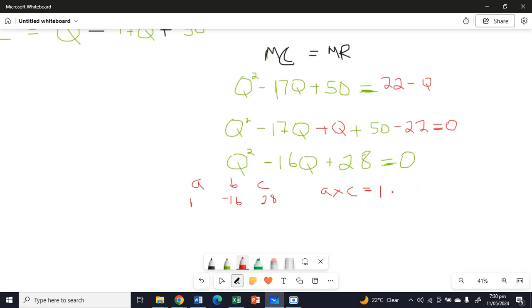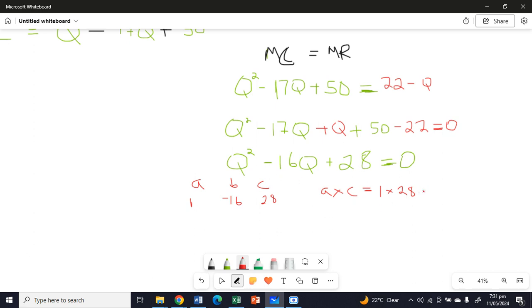You get 28. Now with this 28, we have to find two factors of 28 that when you multiply them, they should give you positive 28, and when you add them, they should give you negative 16.